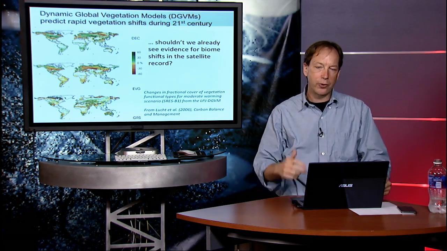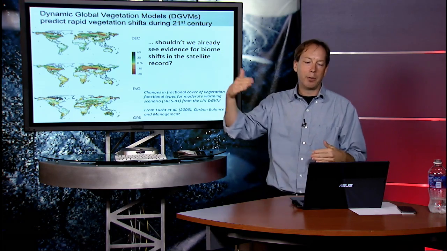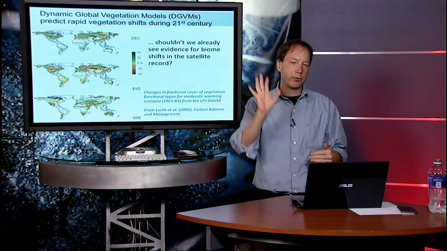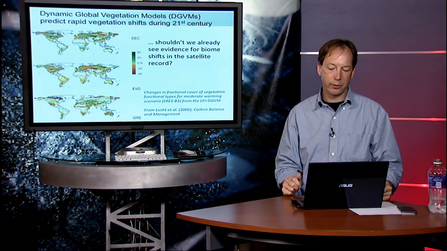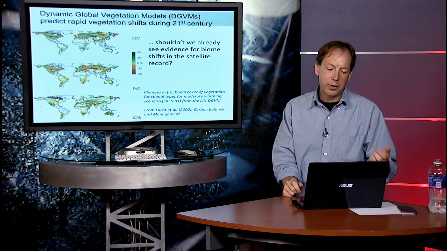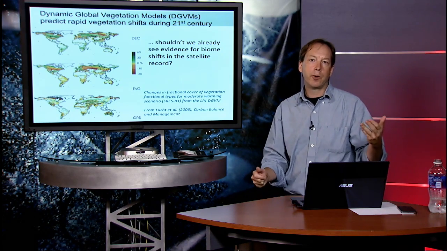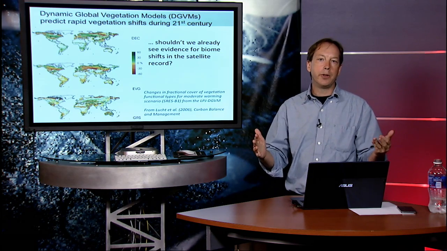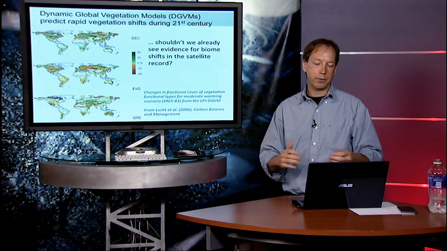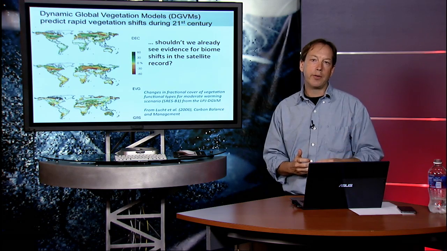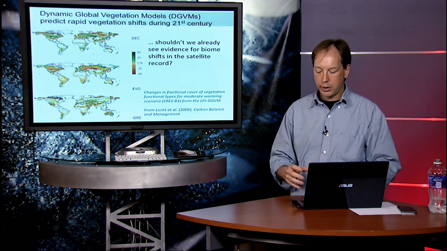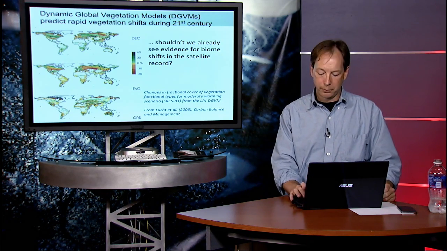So those are very large changes. That's several hundred kilometers of advance by a tree species over the course of just 100 years. And so it raises the question, given that we've already had 50 years of satellite data and 100 years of global warming, shouldn't we already see evidence for these biome shifts, either on the ground or in the satellite record?